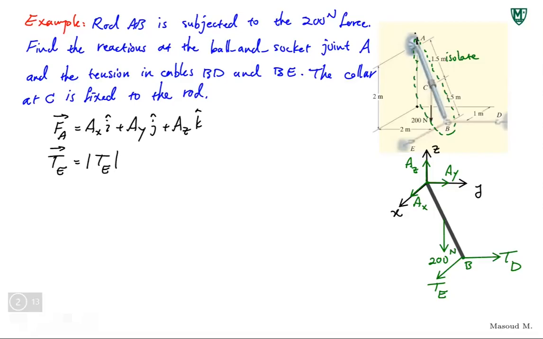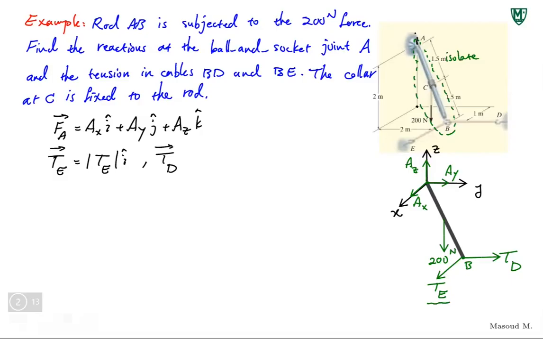Looking at the x, y, z coordinate I put there, plus x, exactly. Thank you, guys. So it's going to be I. So TE, whatever the magnitude, times I vector. It's along the x-axis. Here is TE. Don't get lost where we get TE. It's just the tension force applied to this end of the rod from cable BE.